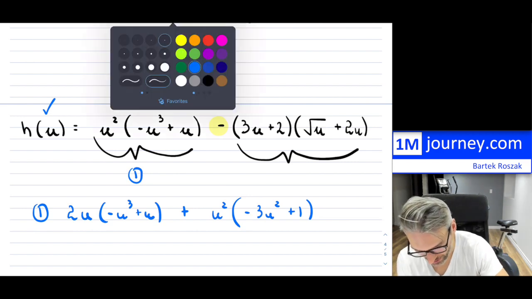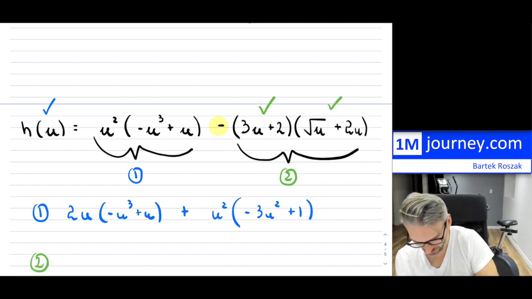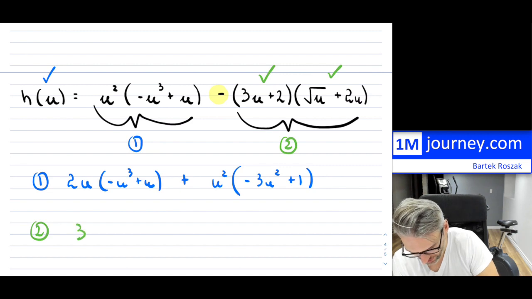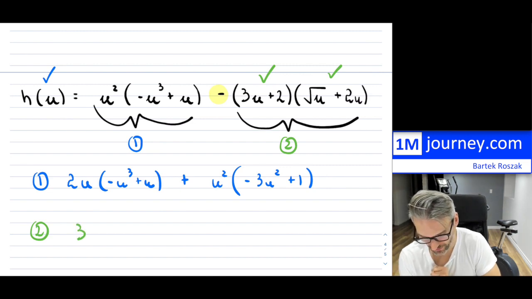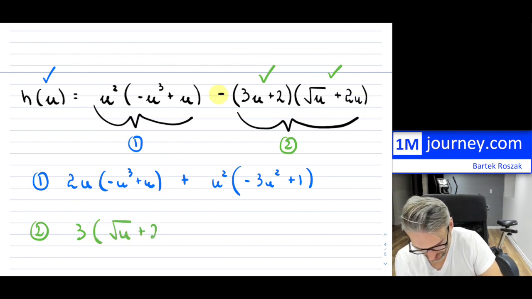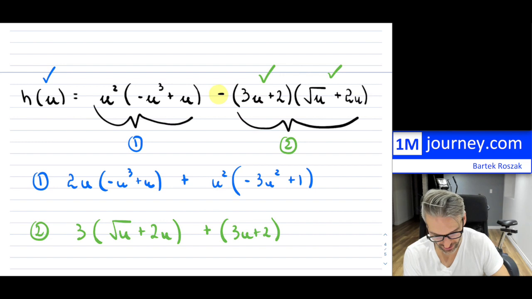And then the second one, so this would be my second. I have to use now the product rule between these two factors. So first it's just 3, that's the derivative of that 3u plus 2, multiplied by square root of u plus 2u, plus, now I have to leave this 3u plus 2 alone.